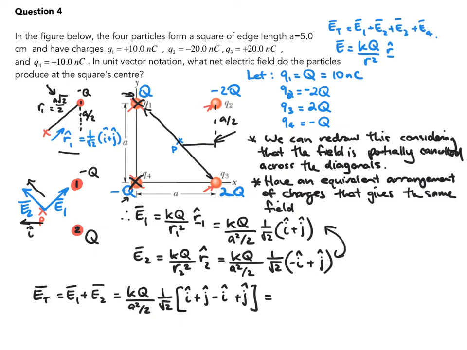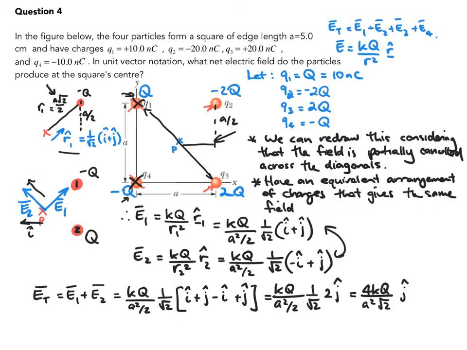So that comes out to be K, Q over A squared on 2, 1 on root 2, 2j. That's nice, and we can tidy that up a little bit and say that that's 4kq, which is a very terrible radio station, over A squared root 2j.